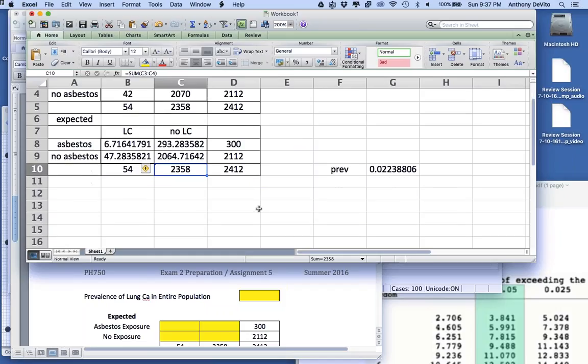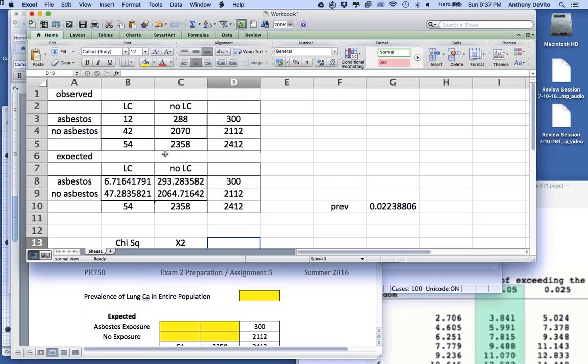Now, if we wanted to calculate what chi-square is equal to, we would take our observed values minus our expected values, square it, divide by our expected value, and so on and so forth.